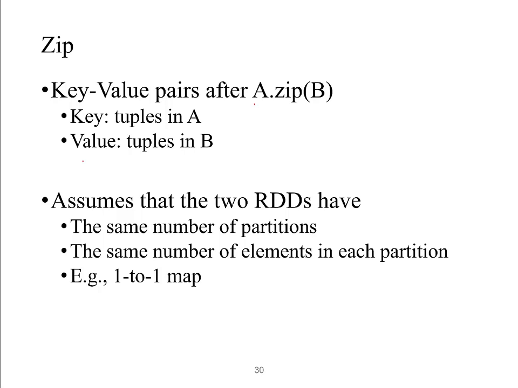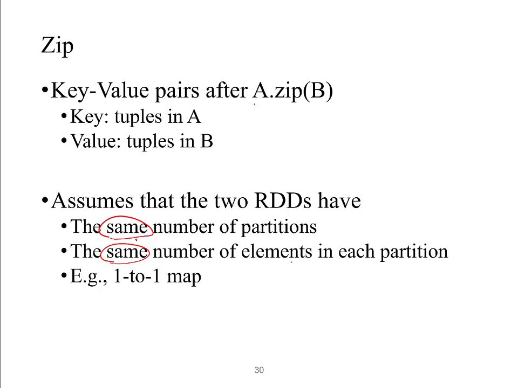Now, when we do zip, we do assume that the two RDDs have the same number of partitions and the same number of elements in each partition. So only in this case we can do this kind of one-to-one map.